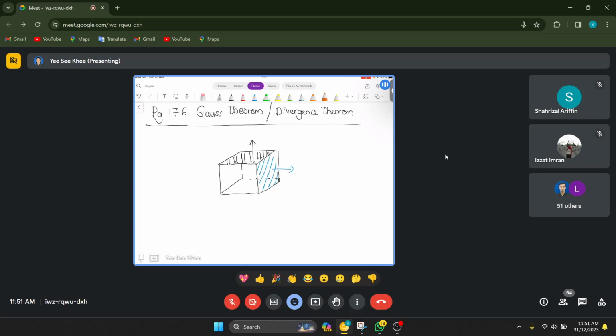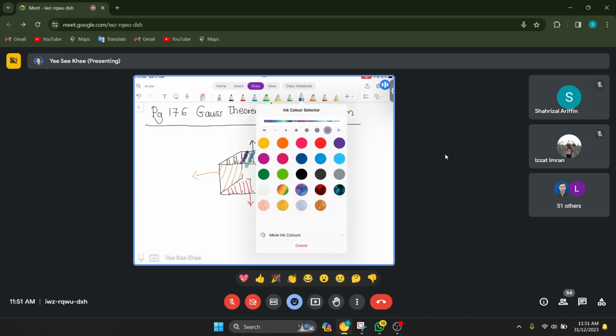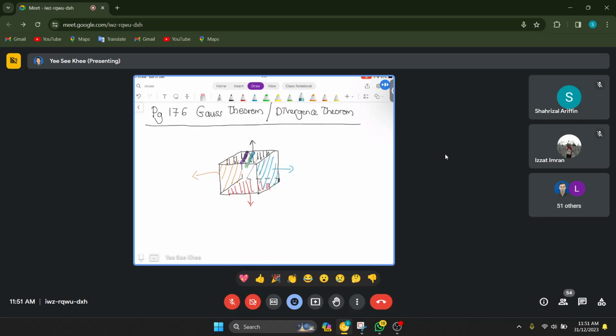Next will be this surface. You try to calculate how much flux is coming out. And another surface at the bottom. What is the flux coming out, and then what else? Behind. Right, behind. What is the surface? What is the flux coming out?